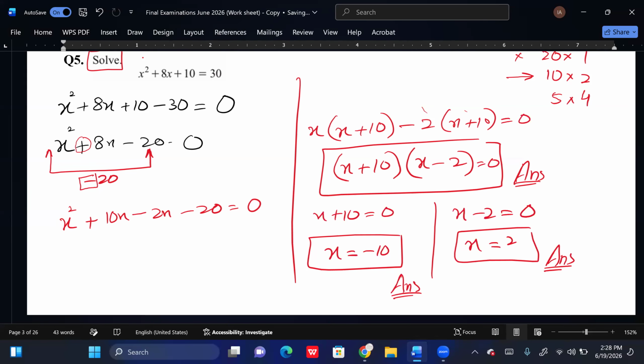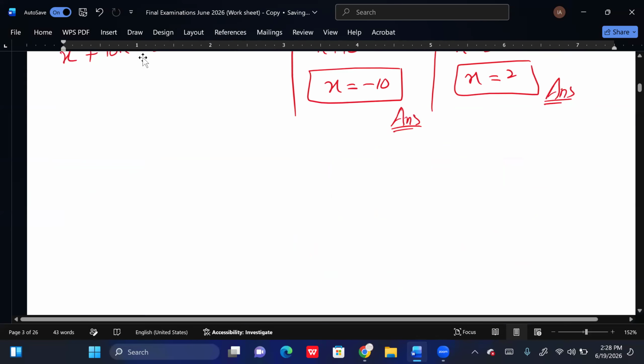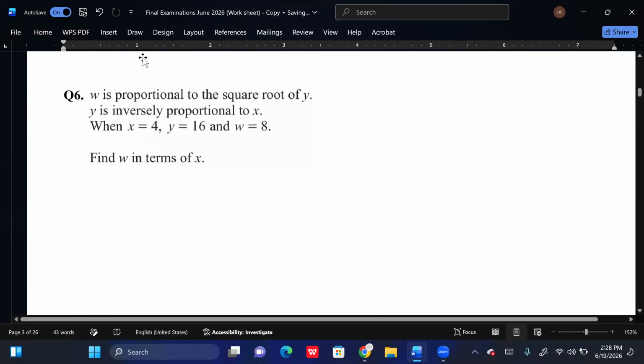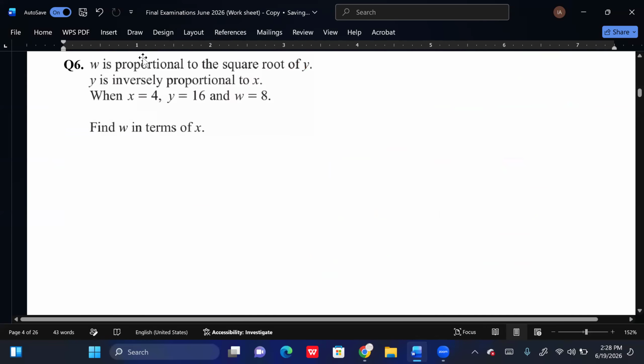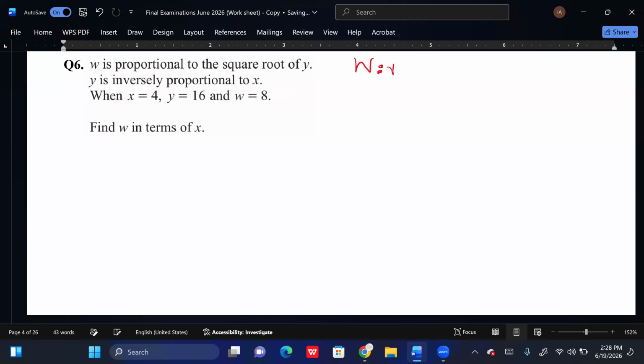Okay, let's take another question. W is proportional to the square root of y. Y is inversely proportional to x. W is directly proportional to the square root of y, and y is inversely proportional to x.